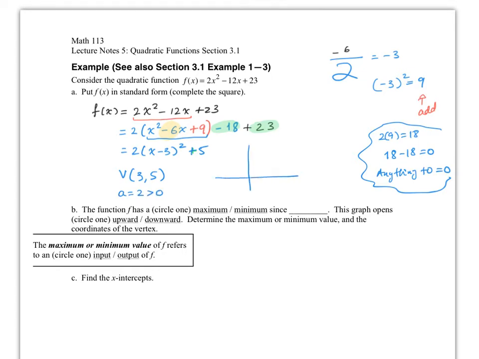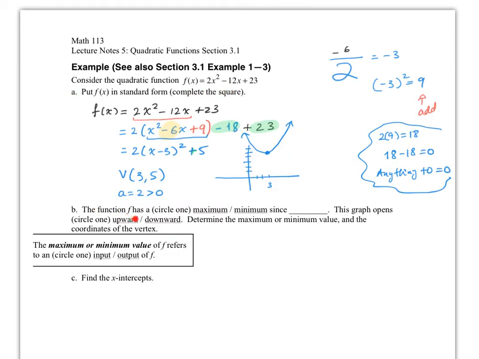If we graph this one, the vertex will be (3, 5). So let's say 5 is here, and then we'll go up like this. The question is not asking you to graph it, but it will very soon. For now, it's just asking you to change it to standard form. So that's part A.